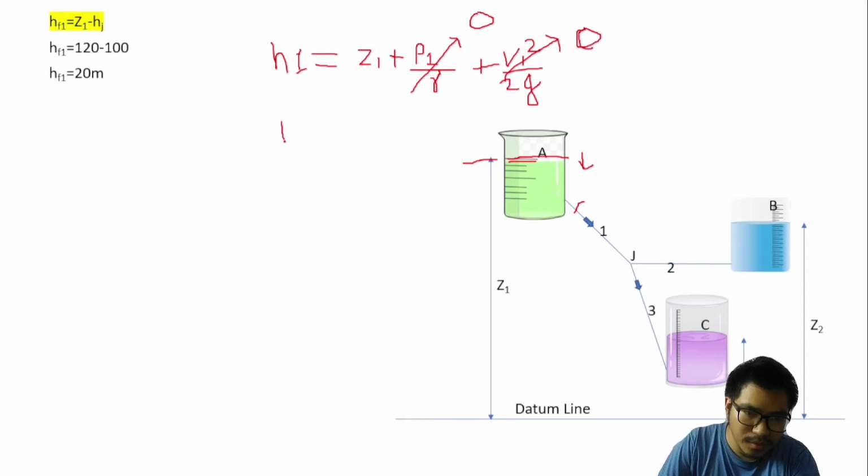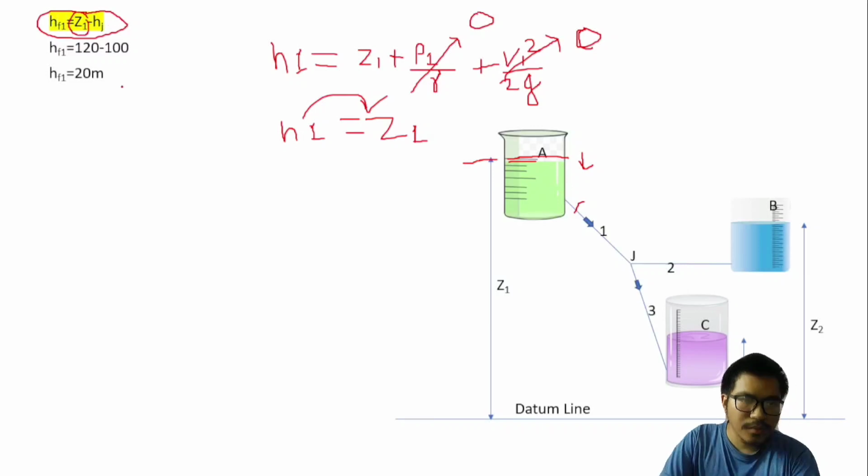So H1 equals Z1. The head loss HF1 is equal to H1 minus HJ, and since H1 equals Z1, Z1 is 120 minus HJ is 100, so head loss in pipe 1 is 20 meter.